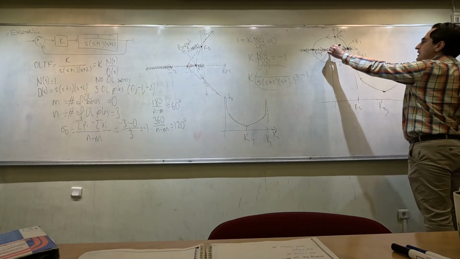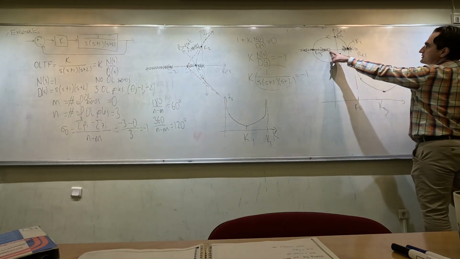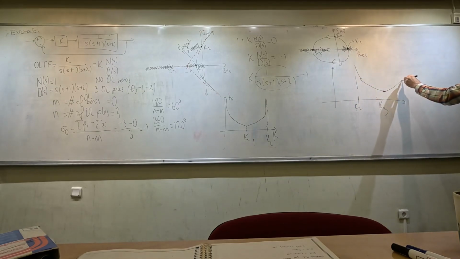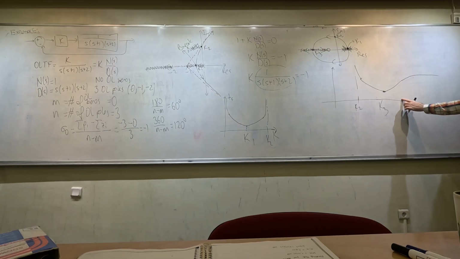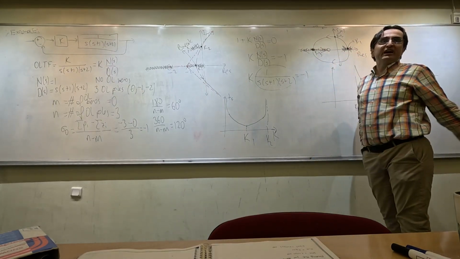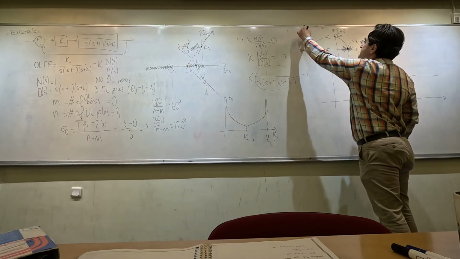Yes, so here, as I increase k, I see that the closest pole to the imaginary axis is going to stop here, and then that actually means that the figure is going to be something like this. So the settling time is going to settle at some point here. And here I see that this critical point, k3, is called a break-in point.